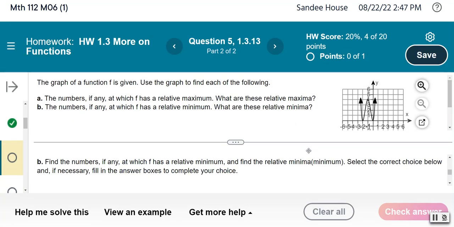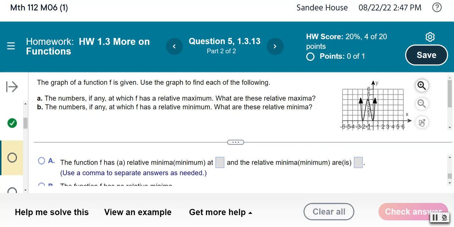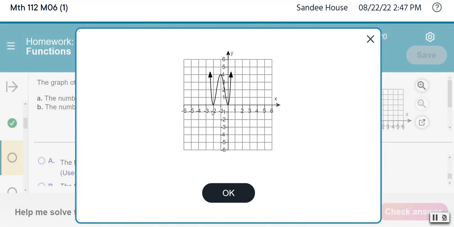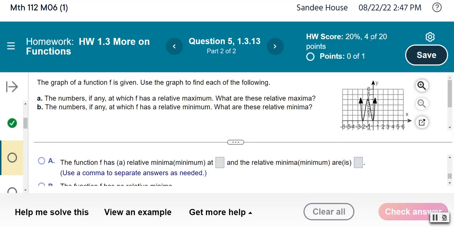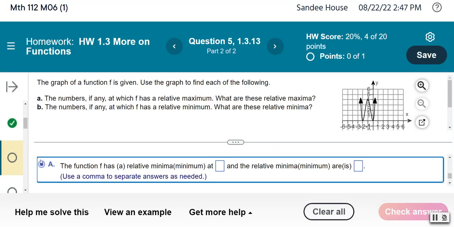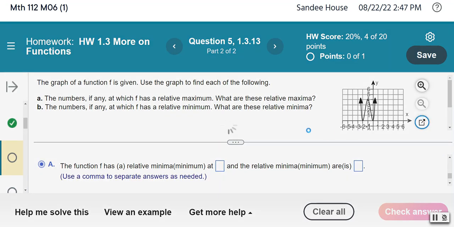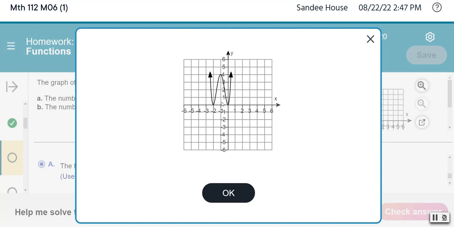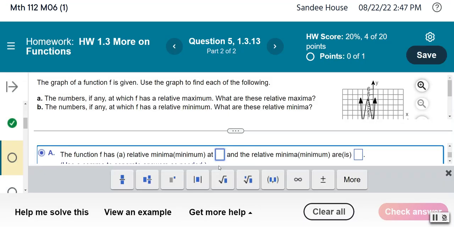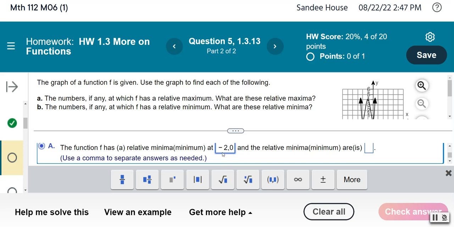Now this time, the minimum, there were 2. It occurs at x is -2 and 0, and each time the y value is 0. So the function has a relative minimum at, and we're going to have to separate these with commas, -2 and 0, and it's actually 0.